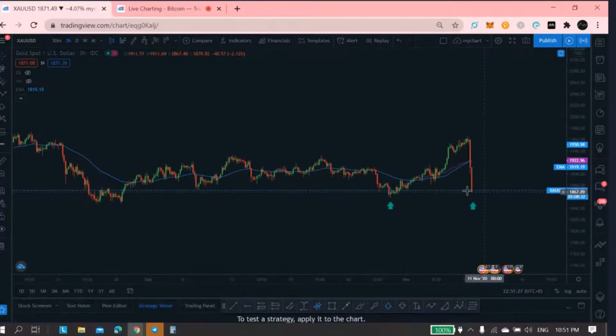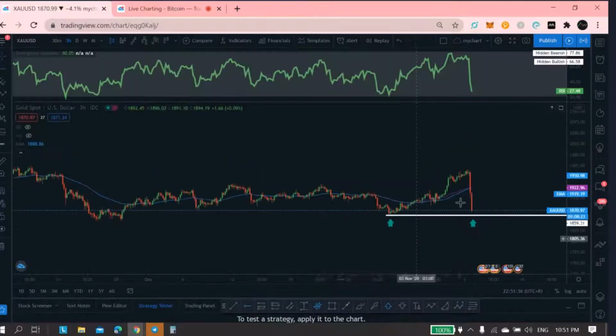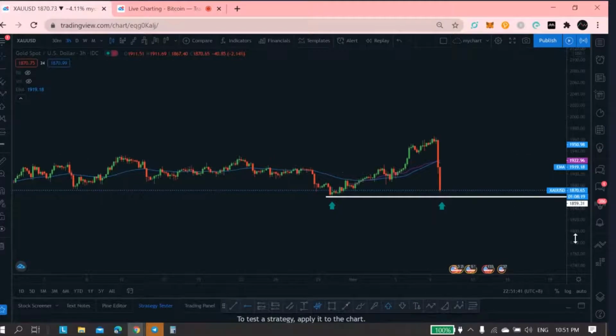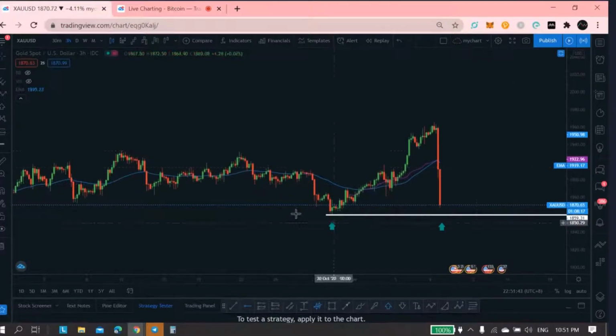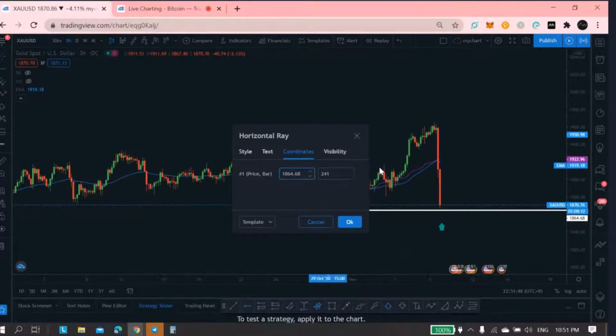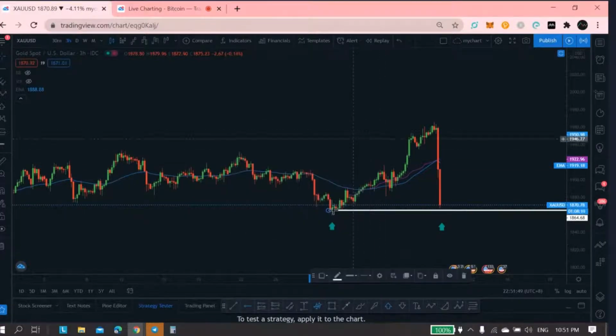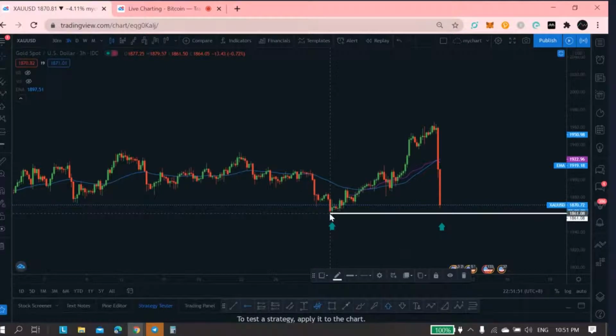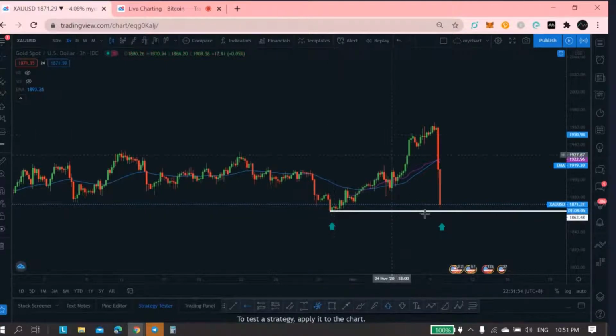If this area is already the support area, because if it breaks that level, actually it did not even touch it, but let's use the closing price of these two candles here. So yeah, it's actually close to this support area. Seems like it will be the support.